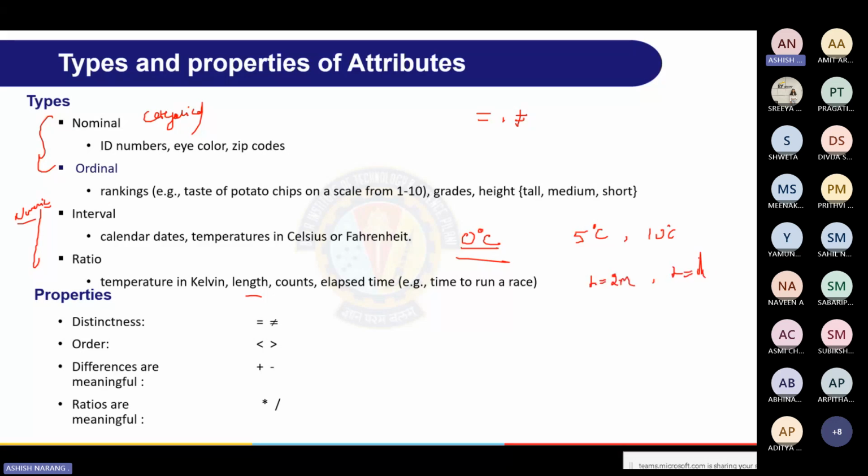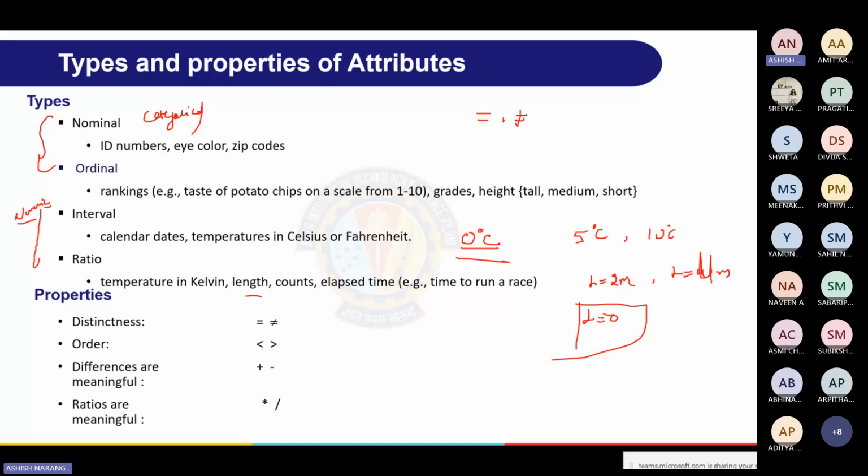So I can say 4 meter is double 2 meter. Similarly for height, 4 meter height is double the height of 2 meter. That makes sense because when I say length 0, it is absolute 0. It means nothing. Height 0 means nothing.